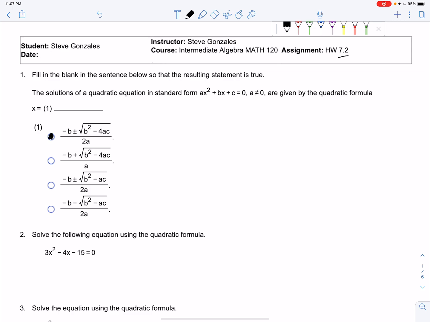So let me go ahead and highlight that. It would be x equals, so when you're solving a quadratic equation, you're going to want to put it in standard form, set it equal to 0. A cannot equal 0, because if a equals 0, then it wouldn't even be a quadratic anymore. But anyhow, instead of factoring it or instead of completing the square, you can use this quadratic formula.